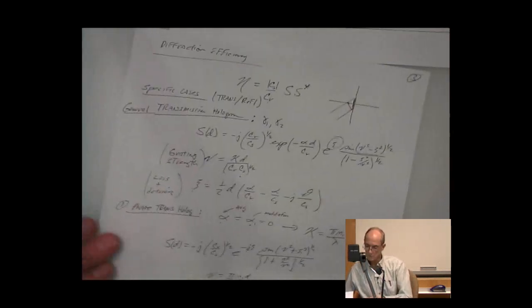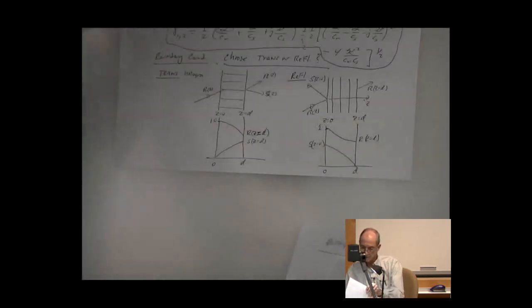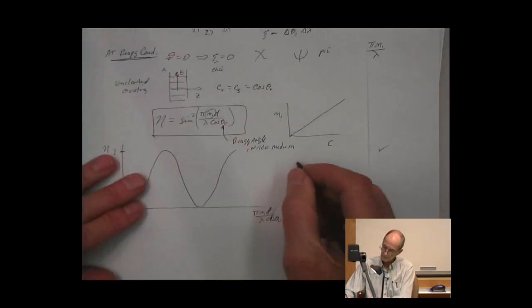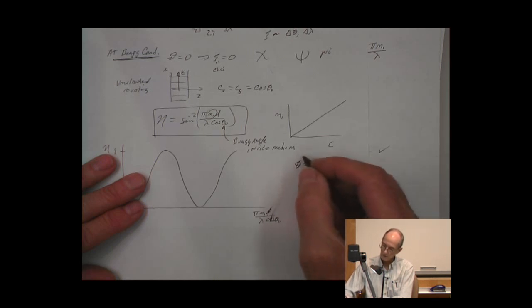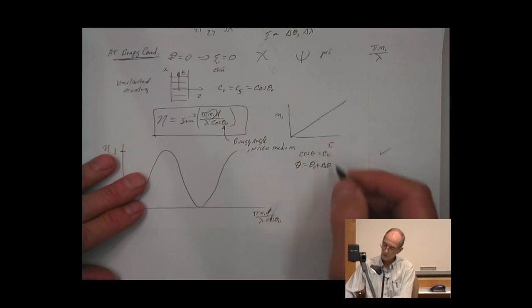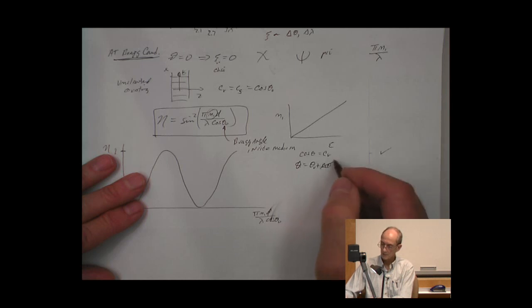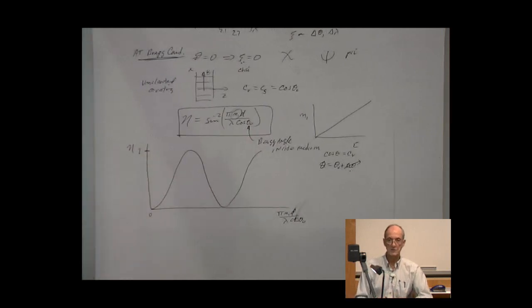And remember, we were somewhere back there I had defined that theta equals theta 0 plus delta theta and so forth. So this was if we had, say, cosine of theta, which was equal to C sub r, might have this value. But now we're just saying that we're at the Bragg condition, so that delta theta is equal to 0. Okay? And the detuning parameter, in turn, is equal to 0.